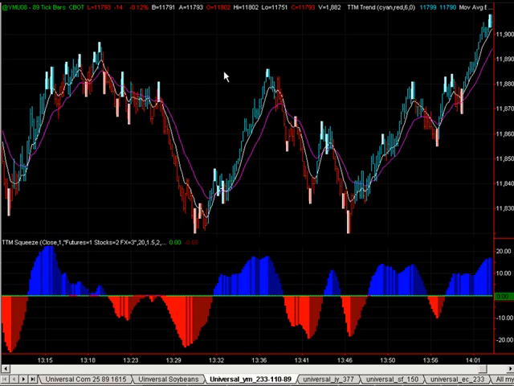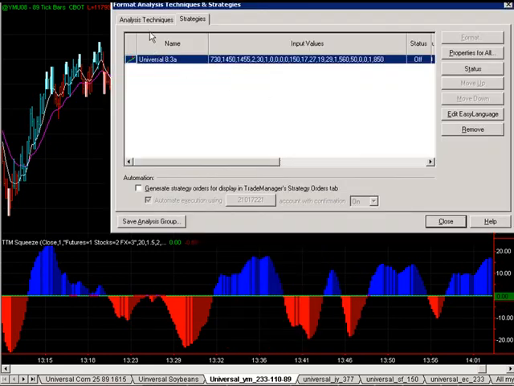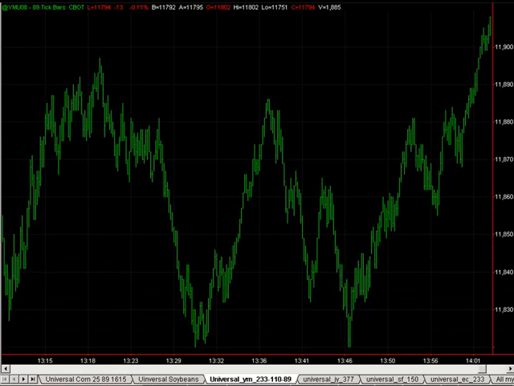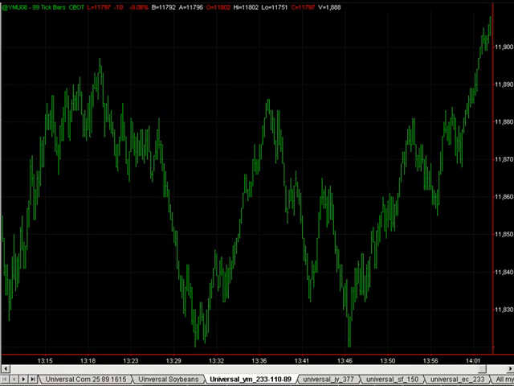Now let's take these indicators off. So now what we have is just a plain price chart. What system trading does is take the data you see in front of you here. This happens to be the YM contract on an 89-tick chart.